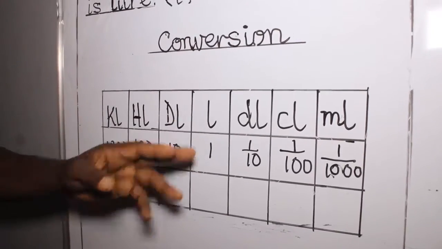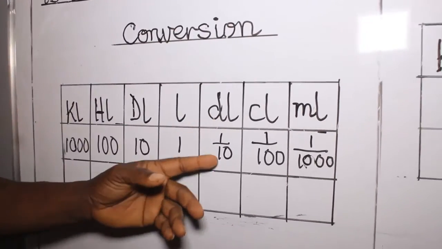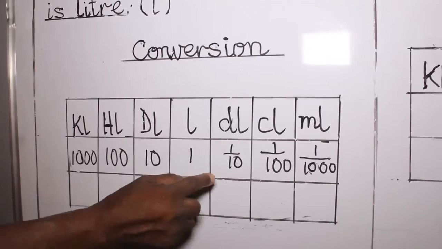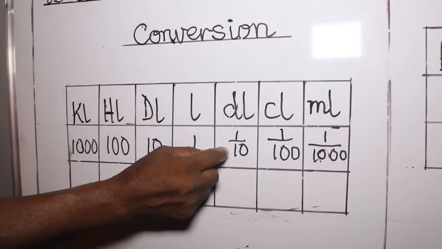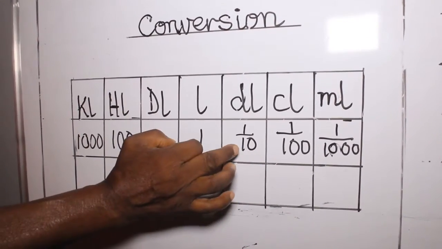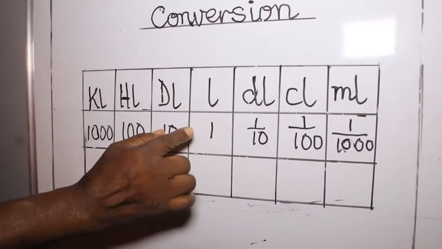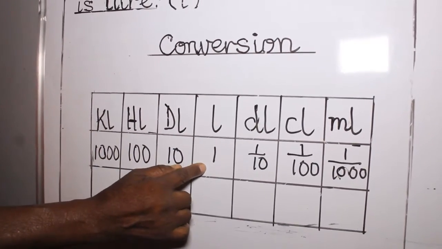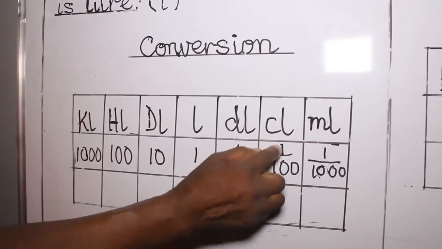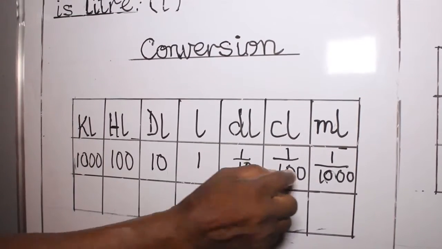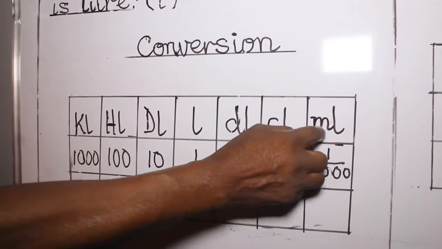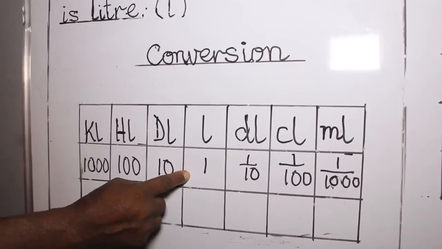So 1 liter, under deciliter, we have 1/10. So when we have 10/10 deciliter, it will become what? 1 liter. When we have 100/100 centiliter, it becomes 1 liter. When we have 1000/1000 milliliter, it becomes 1 liter.